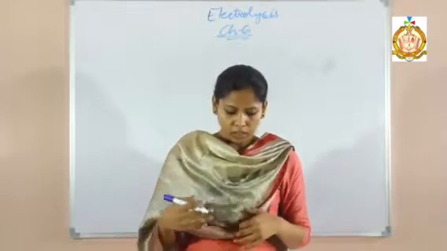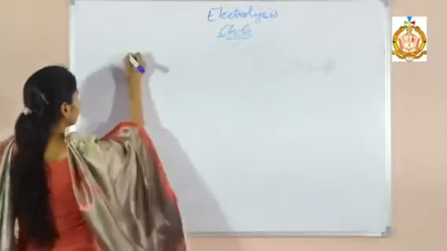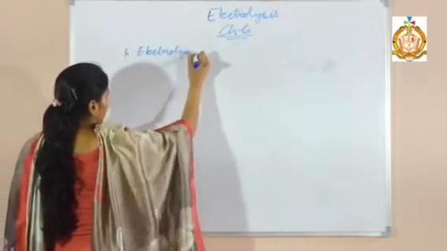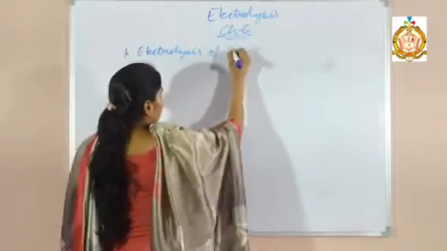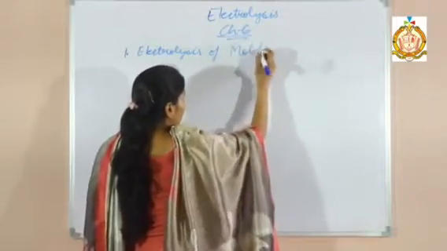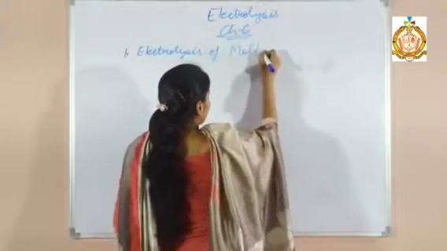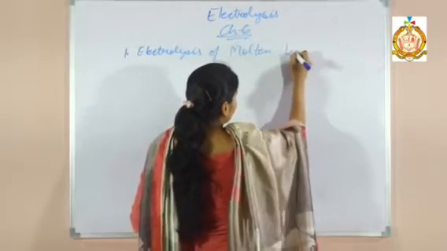So we will take the first example, that is electrolysis of molten lead bromide.